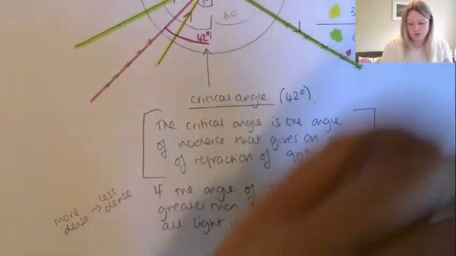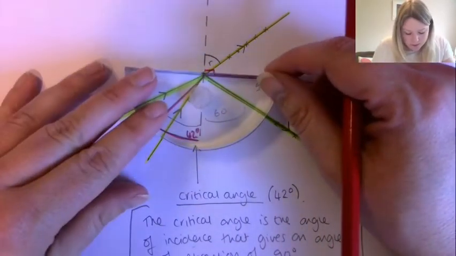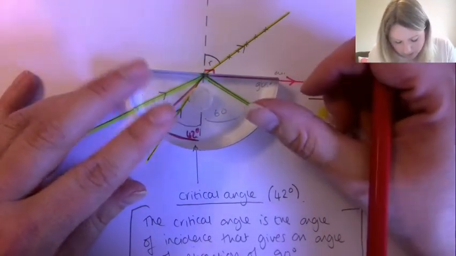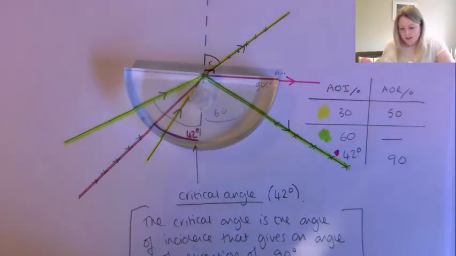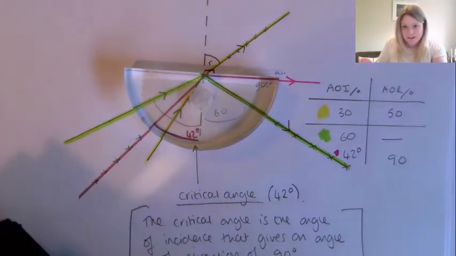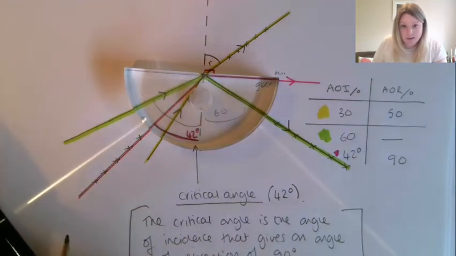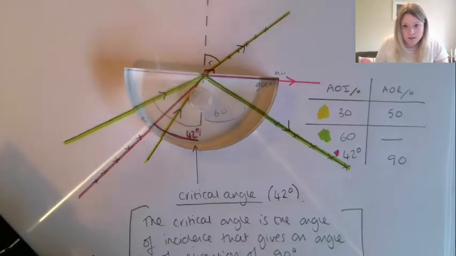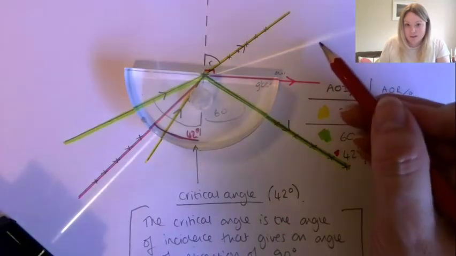Now I said I would show you that, so let's go. If I set this back up, line everything up, get my light back on, then any angle of incidence higher than this pink line here will give me, do you see how in any of these angles there's no light getting refracted, but as soon as I cross this line, then we have light being refracted out the other side.